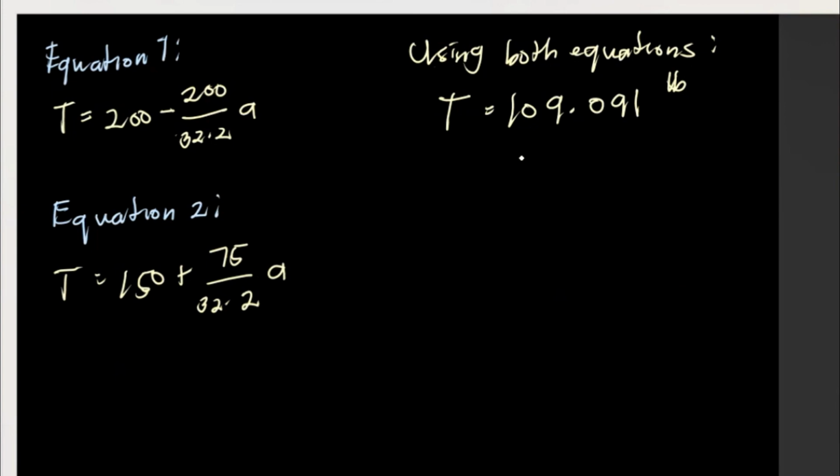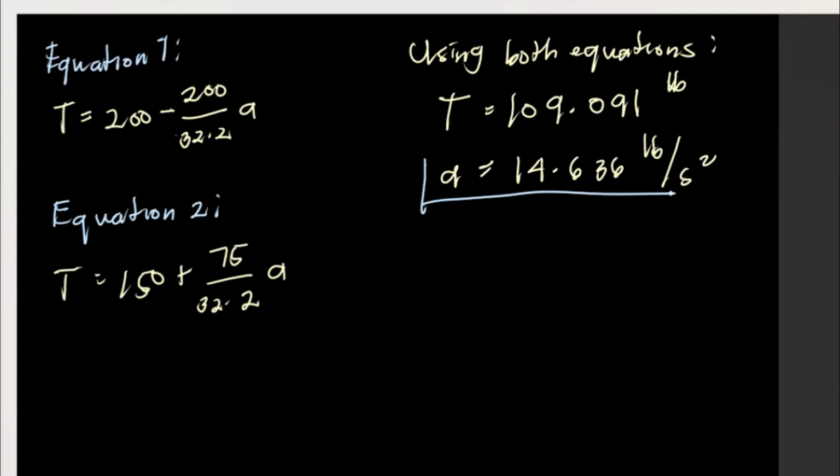Now, to compute for A, kasi mukhang two equations, two unknowns ito, A is equal to 14.636 feet per second squared. So, eto na yung answer na pinapahanap sa atin. Pinapahanap lang kasi sa atin dito ay yung ating acceleration dun sa ating setup.